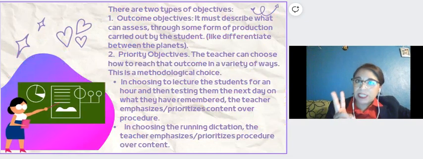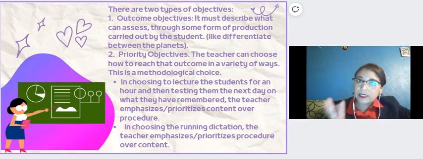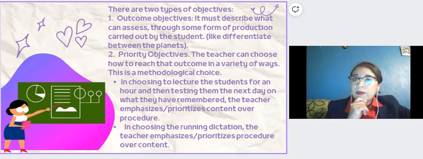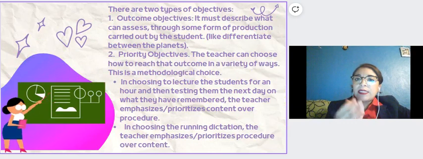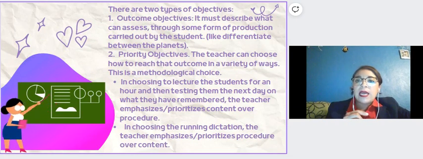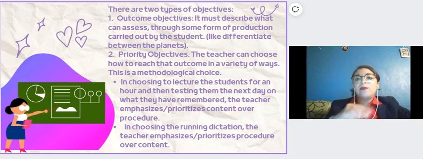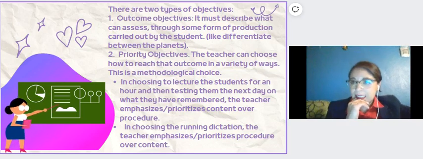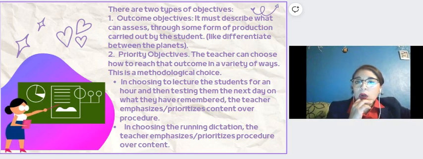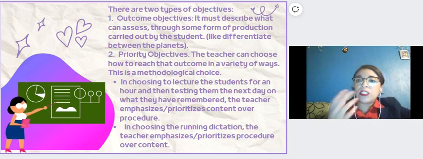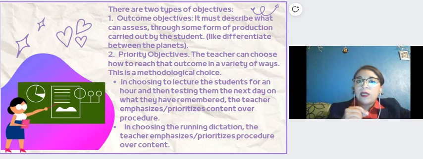So there are two types of objectives, the outcome objectives and the priority objectives. The outcome objectives might describe what can be assessed through some form of production carried out by students, like differentiating between the planets, like the example that I mentioned. With priority objectives, the teacher can choose how to reach that outcome in a variety of ways.